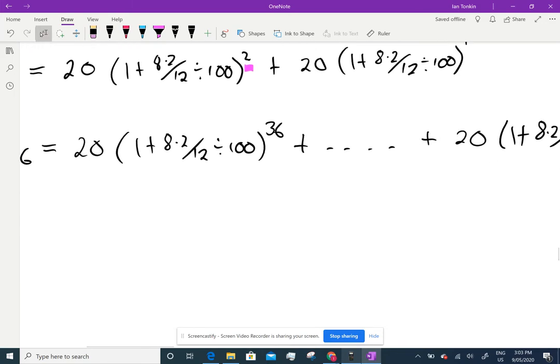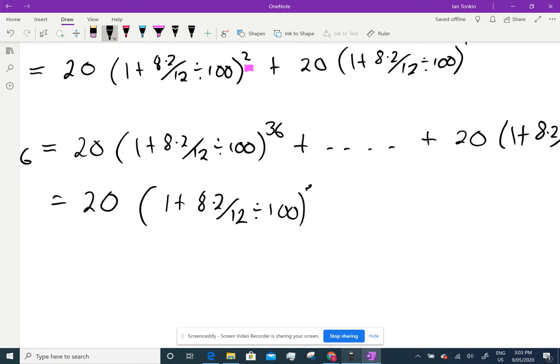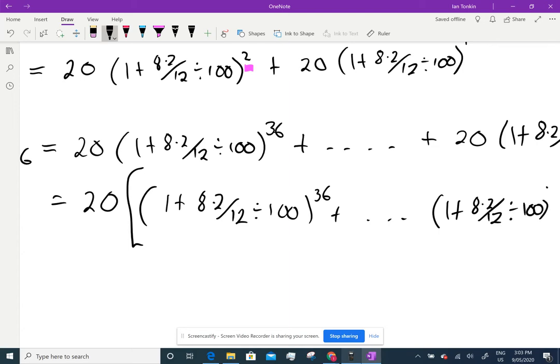So if I take the 20 out, I get 20 times a big bracket. I got that to the 36 plus dot, dot, dot, all of those terms, down to 1 plus 8.2 divided by 12 divided by 100 to the 1.